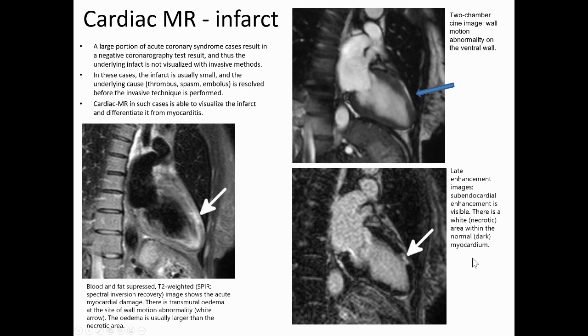From the time of giving the contrast to the time of imaging, usually a 15-minute period passes, because the idea is that normal cells will take up the contrast material, but since cardiac muscle has a lot of blood going in and a lot of blood going out, normal and viable myocardium will get rid of the contrast material quite quickly.